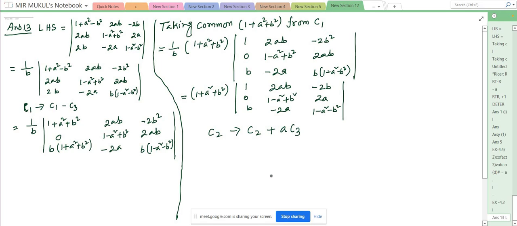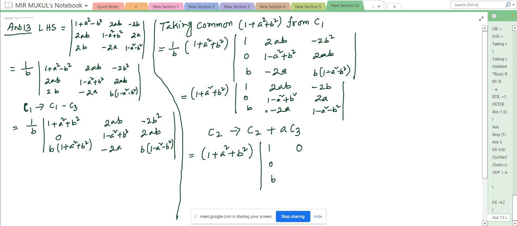That also we can do. So 1 plus a square plus b square; then here 1, 0, b. Here if you add, then what you will get? Here you will get 0.